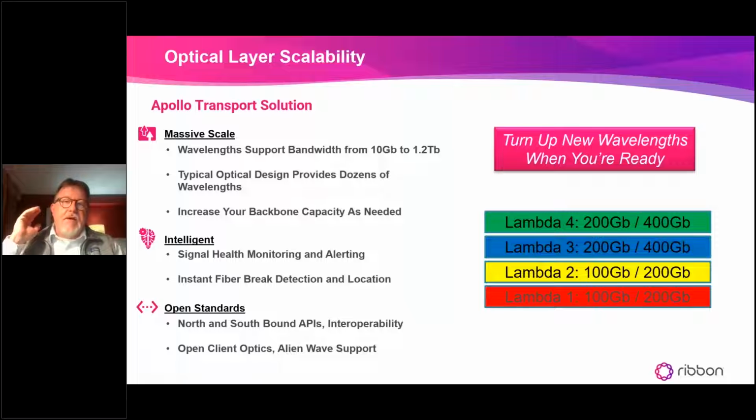And if you're having to roll a truck to the other side of Montana, then you've got a long day ahead of you, and obviously all of that is wasted time while the truck's trying to get there to figure out what's going on. So that's where signal health and fiber health monitoring can really help.